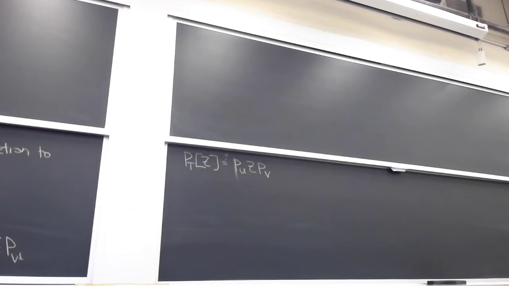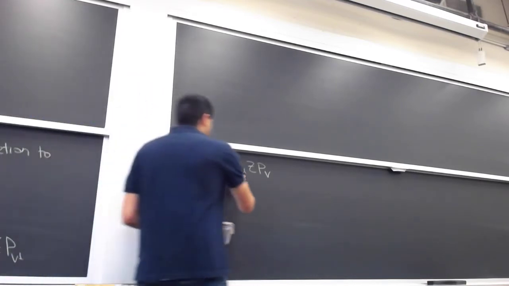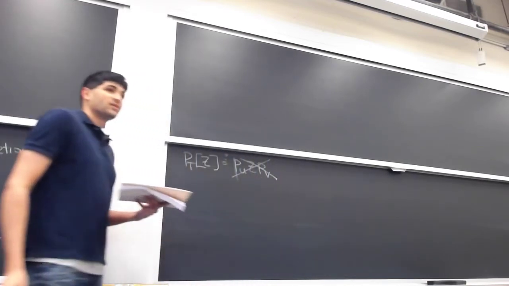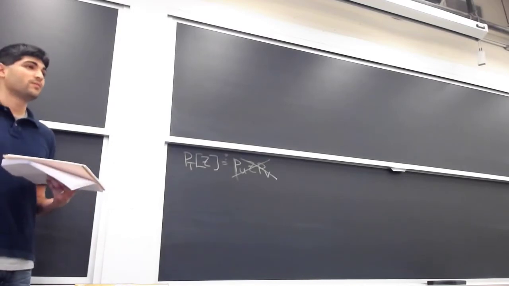If for T perp all we did was project the columns into U perp and the rows into V perp, is it true that when we project into T, we just project the columns into U and the rows into V? Is that true? No? Okay, so someone who was shaking their head, tell me what it is. The answer was no.